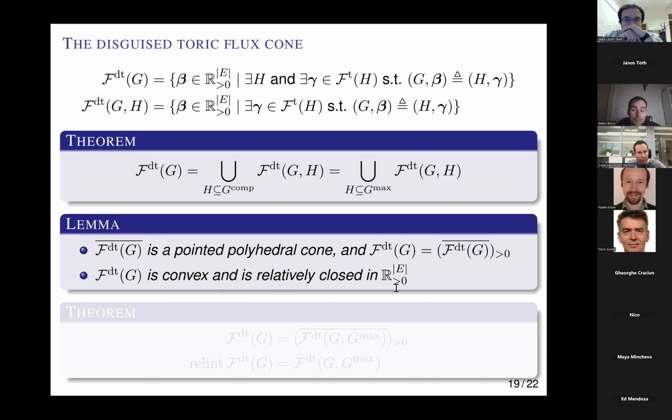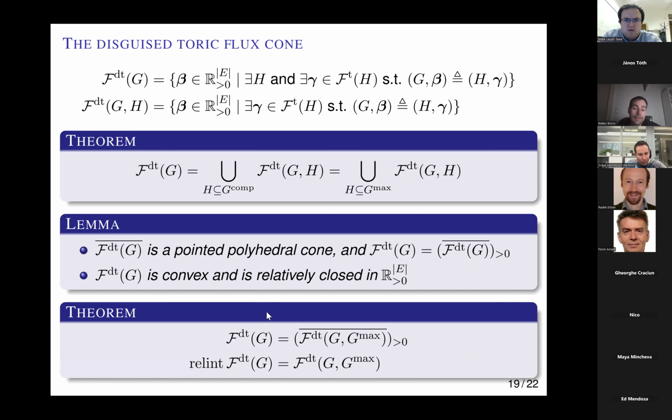It is relatively closed in the positive orthant of the edges, and additionally, you can find it just by concentrating on realizations using Gmax, the unique maximal weakly reversible realization graph. Once you have that, you just take the closure and the positive part, and also the relative interior of that is just given by this.